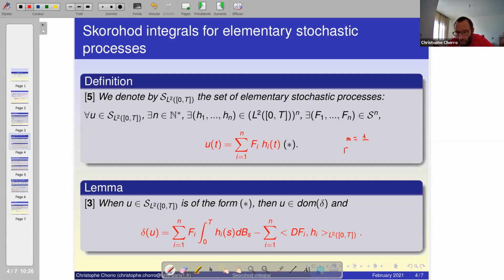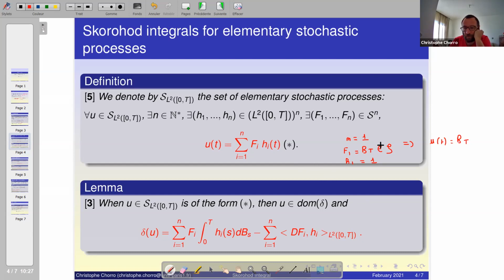I can take f1 equal to B capital T that belongs to S, of course, because it is a stochastic integral, a linear integral, and I take h1 equal to 1, and I obtain u of t equal to simply B capital T.